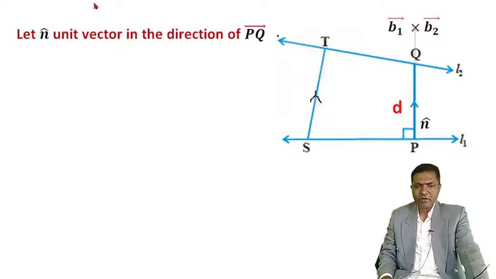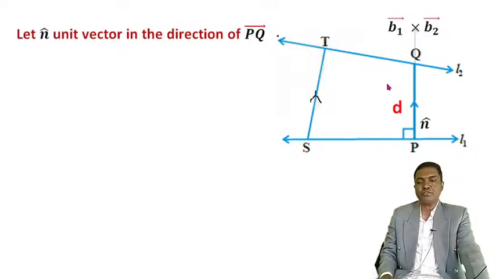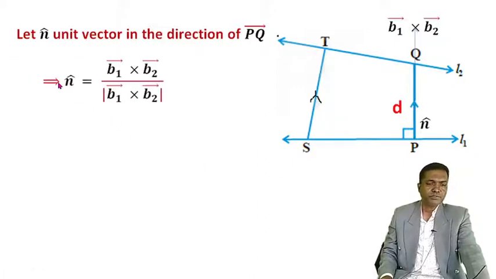And as we know how to find a unit vector in the direction of any given vector, unit vector in this direction means you have to divide that vector by its magnitude. So n cap is vector b1 cross b2 divided by its magnitude.